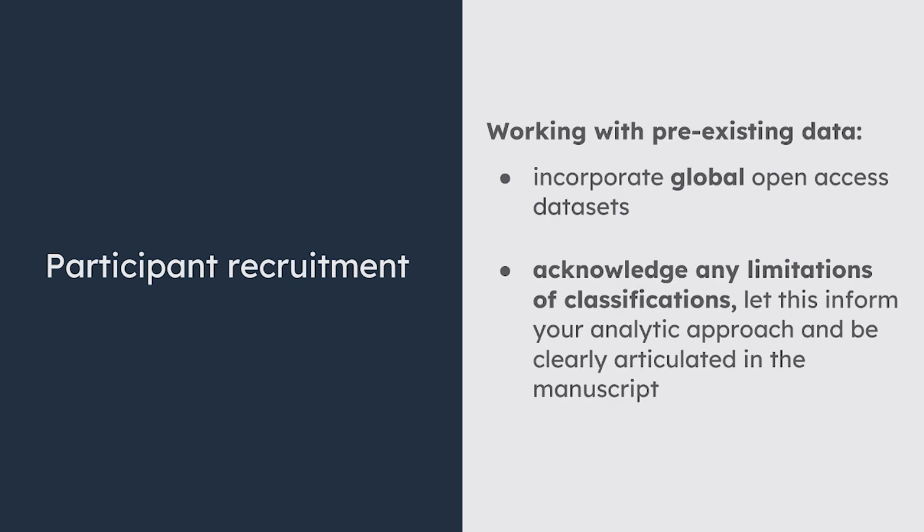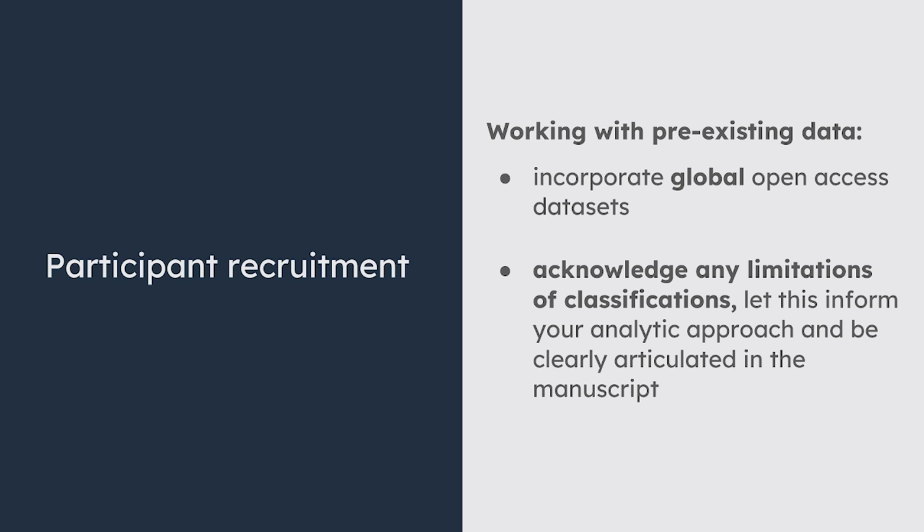So if you're working with pre-existing data, it's important to interrogate the demographics of the sample before starting, identify whether it is a mainly WEIRD sample, and if so, consider incorporating more global data sets, open access data sets. There was an excellent talk yesterday about some of the really great diverse global data sets that are available out there.